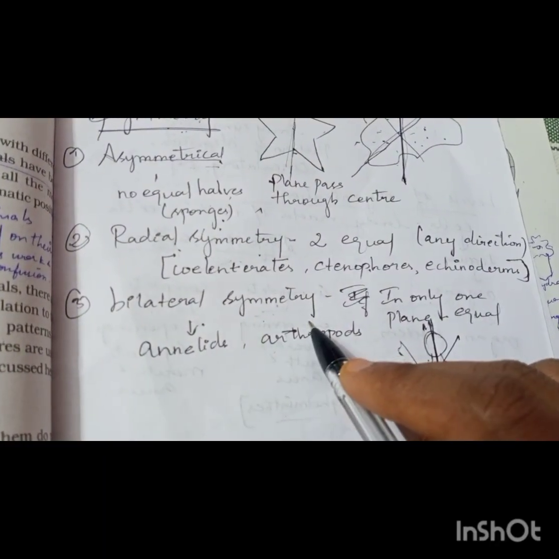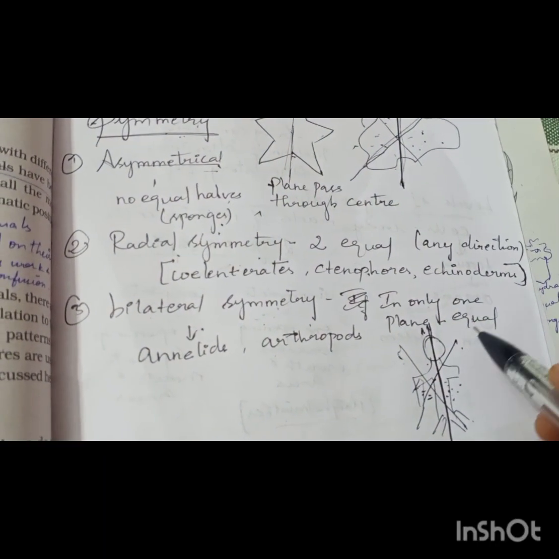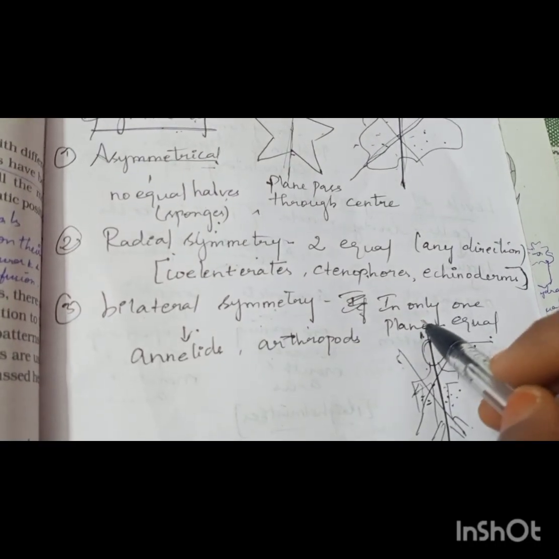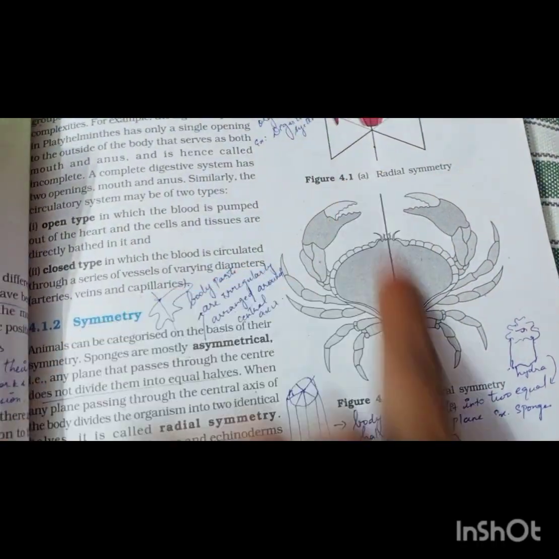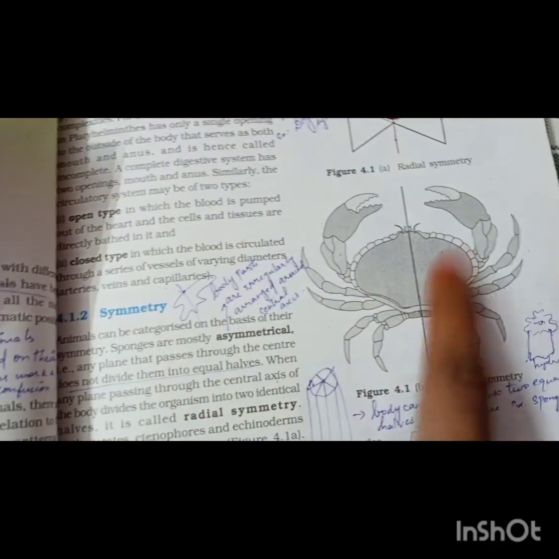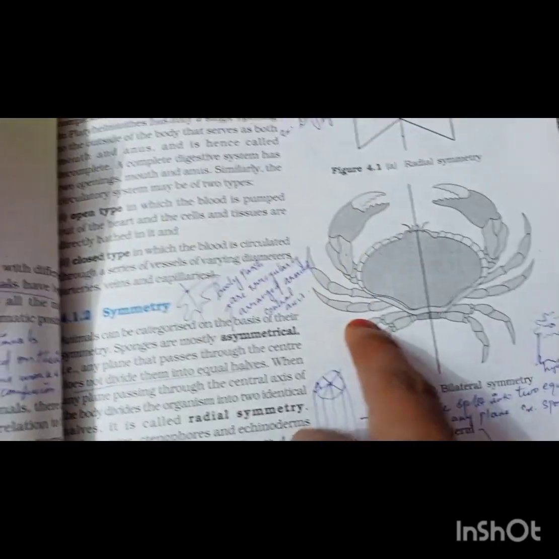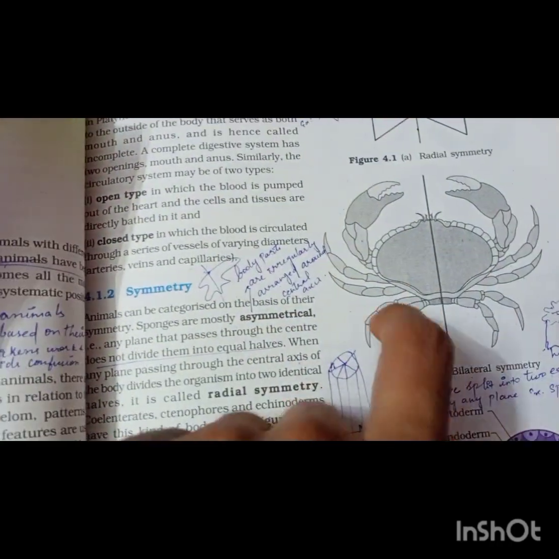So this kind of symmetry, in which we get equal halves of the body in only one plane. Example, annelids, arthropods. The example given in the book is crab. If a line is drawn like this, we will be getting two equal halves. Whereas if we change to any other angle, two equal halves will not be obtained. So this is the case of symmetry.